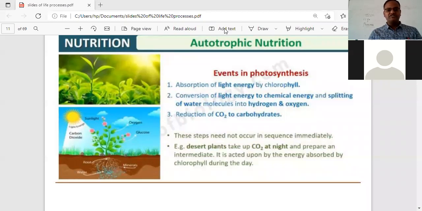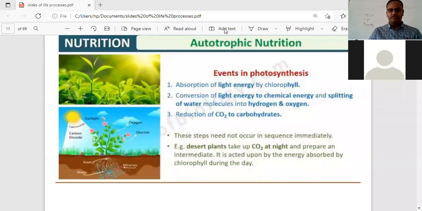What are the raw materials required for the process of photosynthesis? Okay, Soumya Shri, unmute yourself. I have given you the option to unmute. Soumya, raw materials required for the process of photosynthesis?